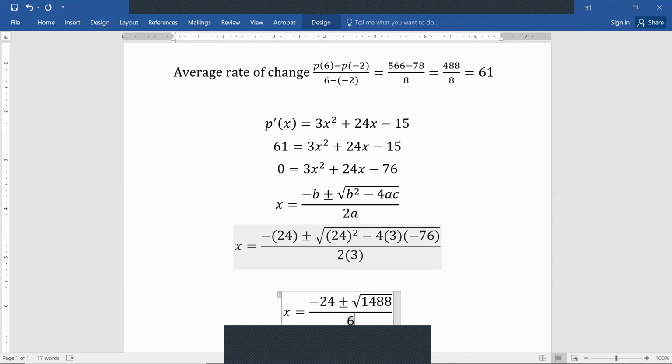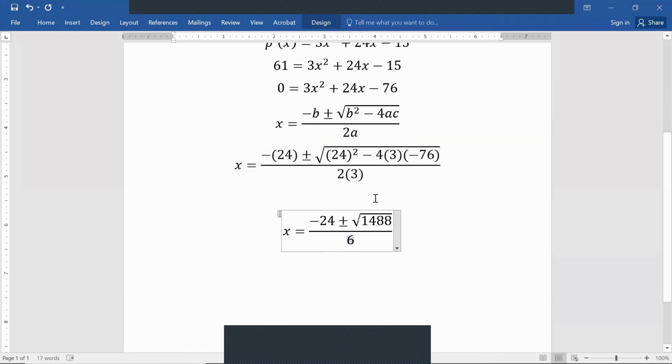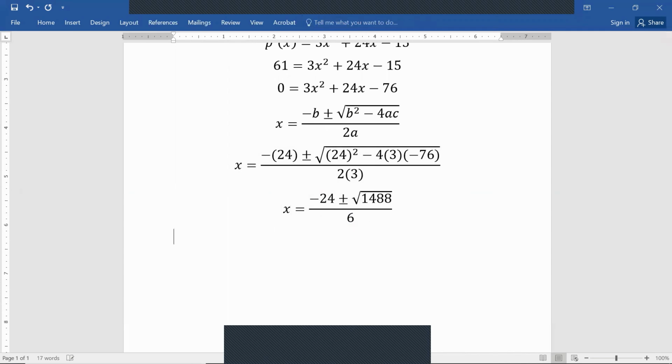If you wanted to, you can keep an exact answer, but for right now, I'm just going to get answers rounded to a couple of decimal places. So I'm going to take negative 24 and add the square root of 1488 together, and then divide by 6.